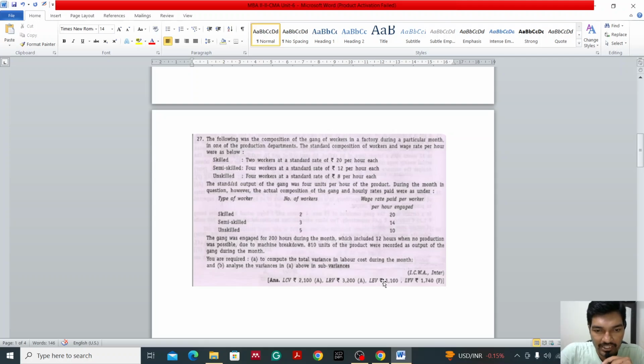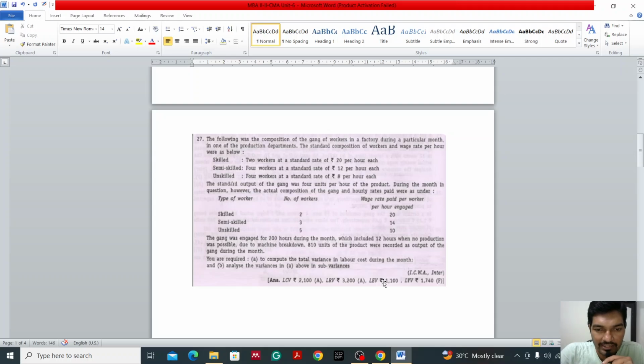The gang was engaged for 200 hours during the month, which included 12 hours when no production was possible due to a machine breakdown. So this is called idle time. The total hours in the month are 200, but due to the machine breakdown, 12 hours of idle time occurred.